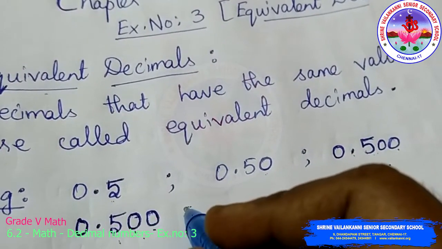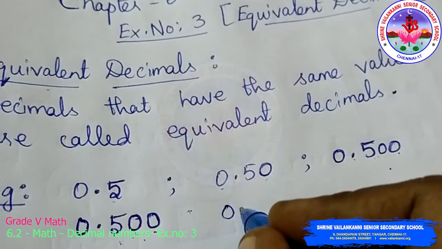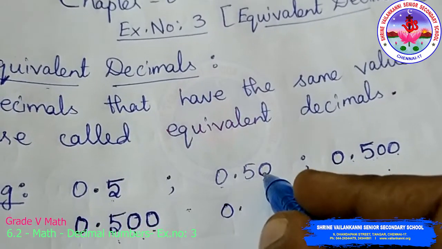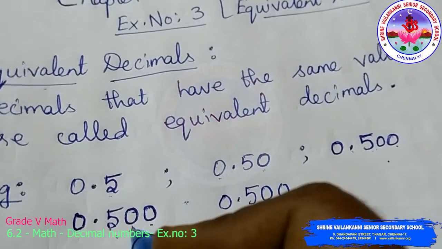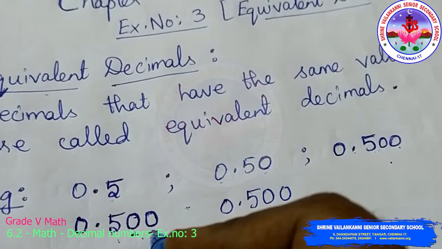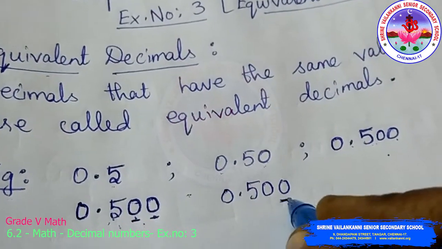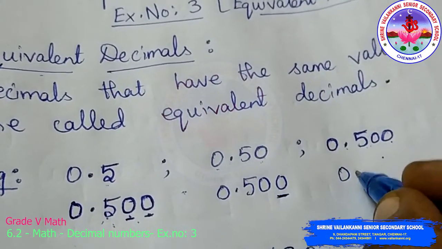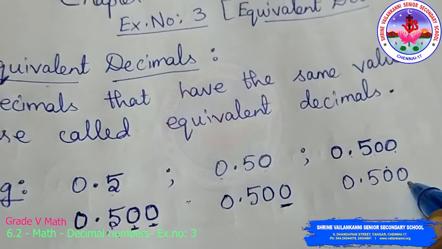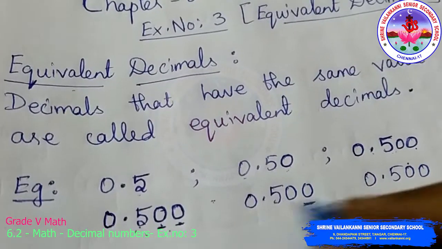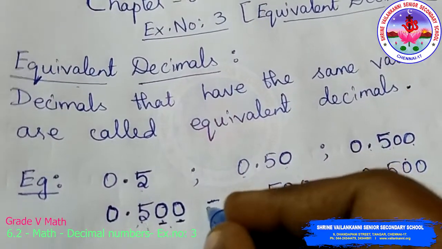Now this 0.50 already has 2 places, so again I am going to add only 1 zero. Here I have added 2 zeros after the number which is given to you, here I have added 1 zero, and here I am going to write it as it is. Here I didn't add any zero. Now if you see, all the 3 numbers have become equal.